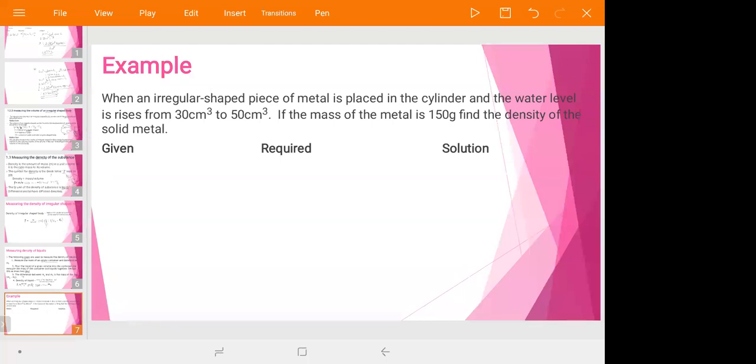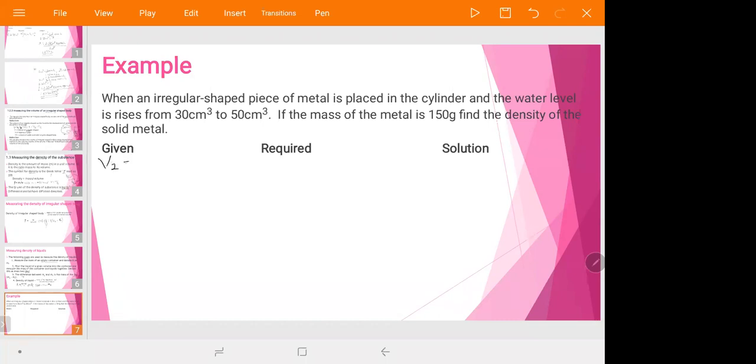Excellent. Thank you very much. Before you solve a question, you must know how you are going to solve it. So by organizing this equation, let us see together. Follow me. What's given?